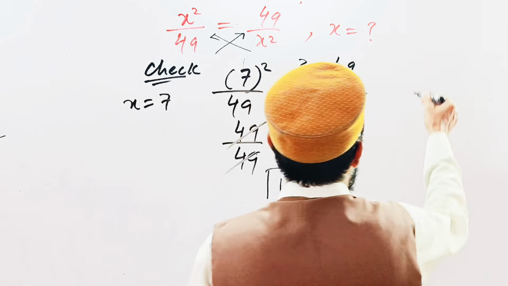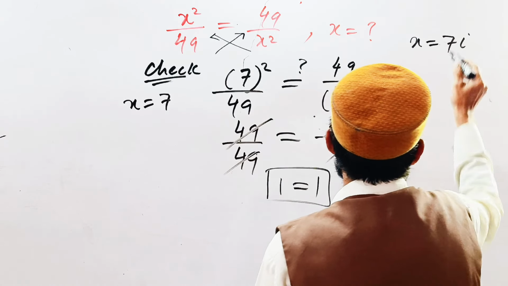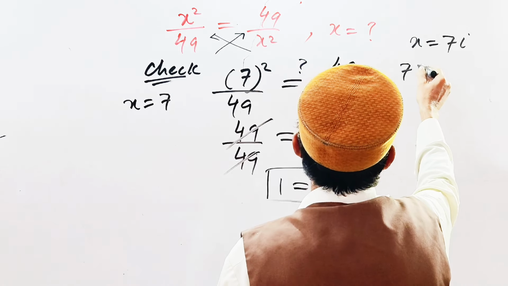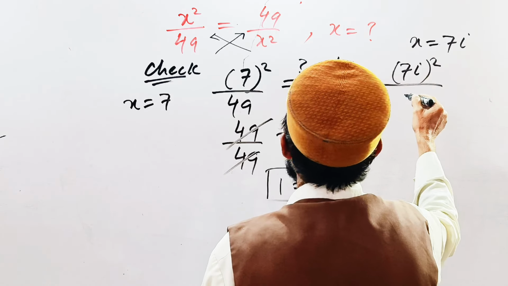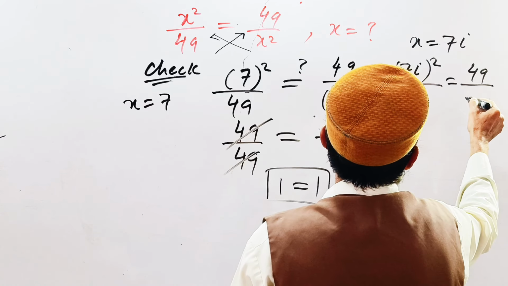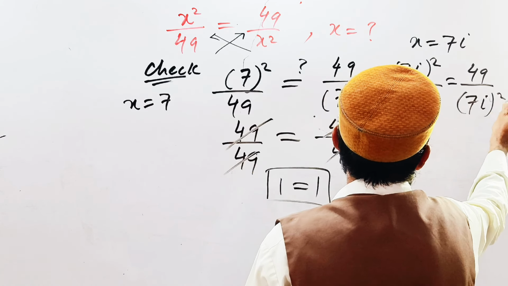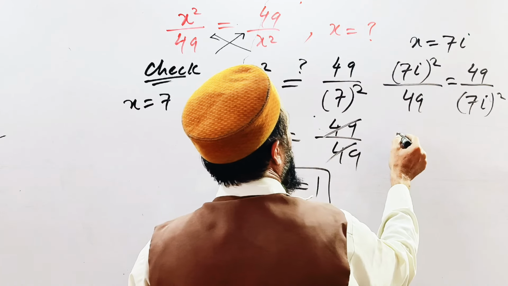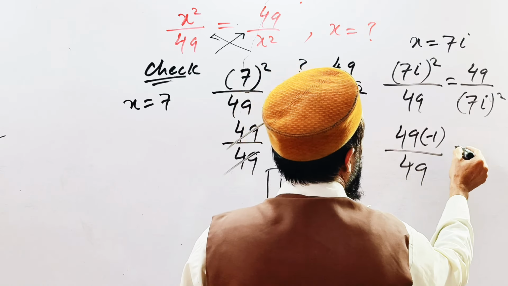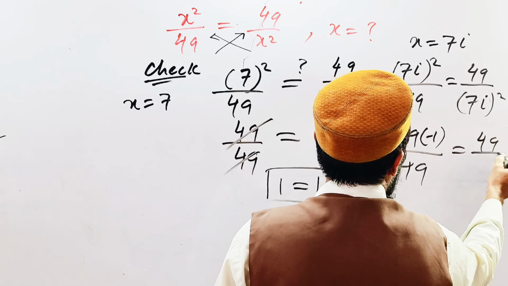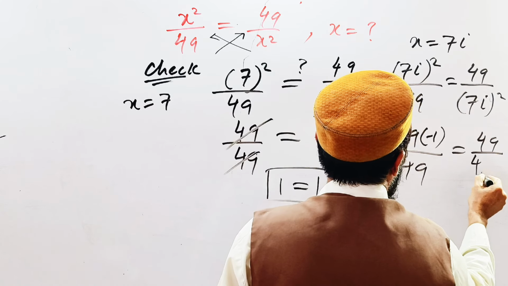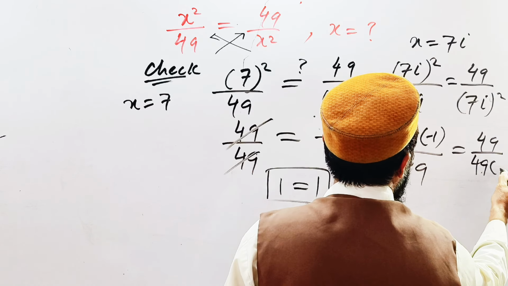Similarly, if we take x is equal to 7 iota, or the negative value minus 7, what will happen? We get 7 iota square divided by 49 is equal to 49 divided by 7 iota whole square. Expanding this term, we get 49 times minus 1 divided by 49 is equal to 49 divided by 7 square times iota square. 7 square is 49, and iota square gives minus 1.